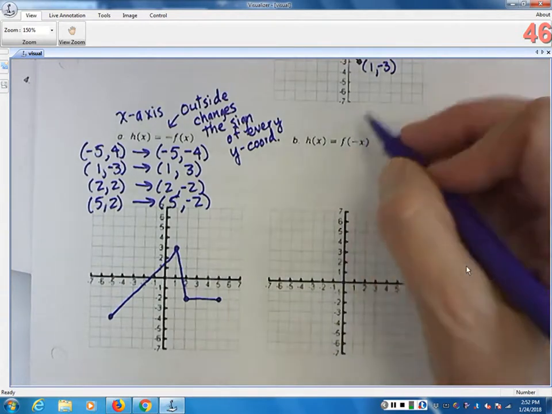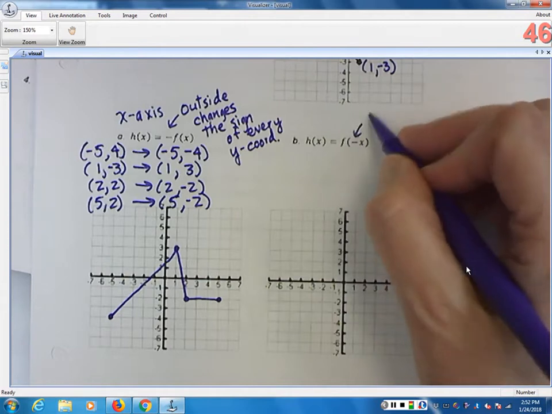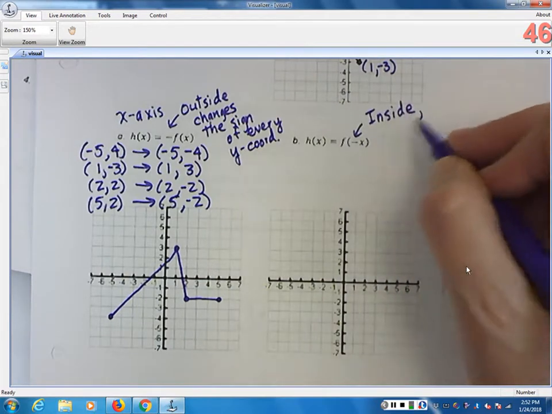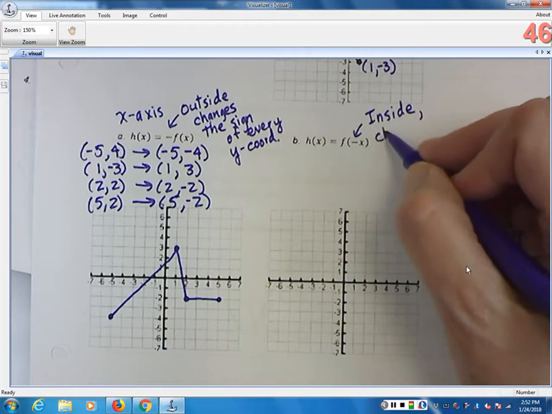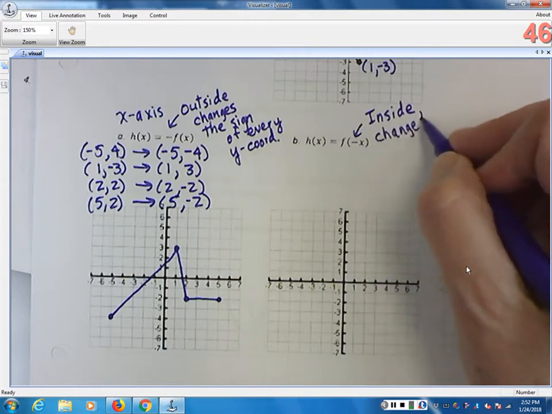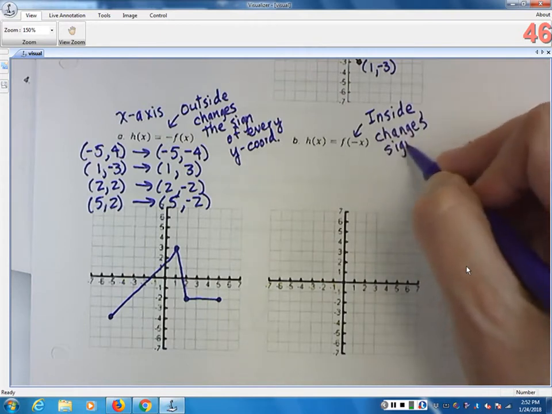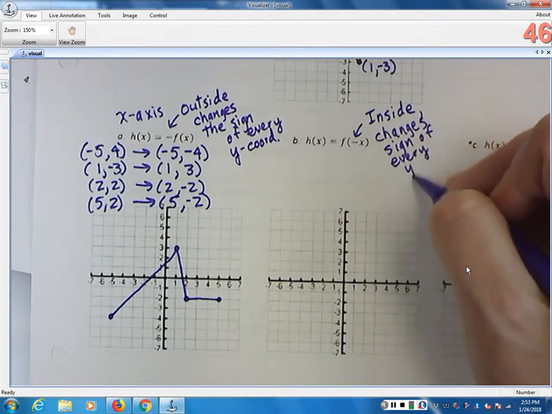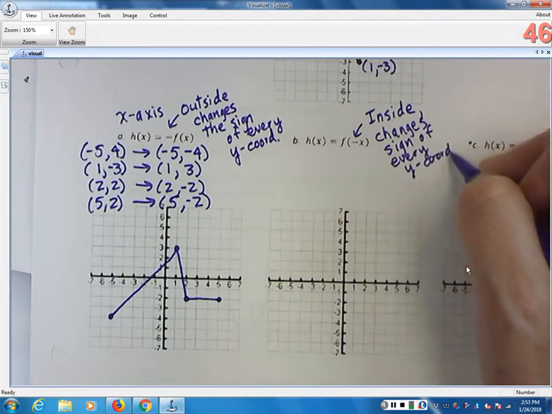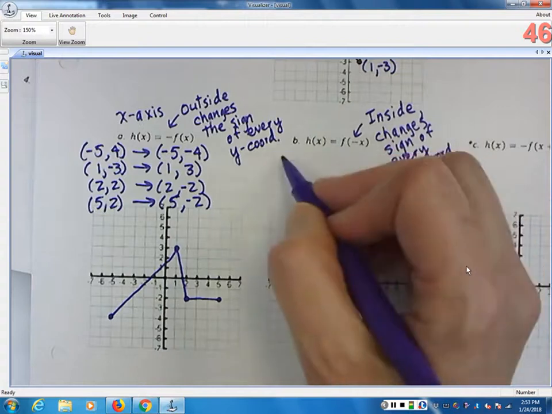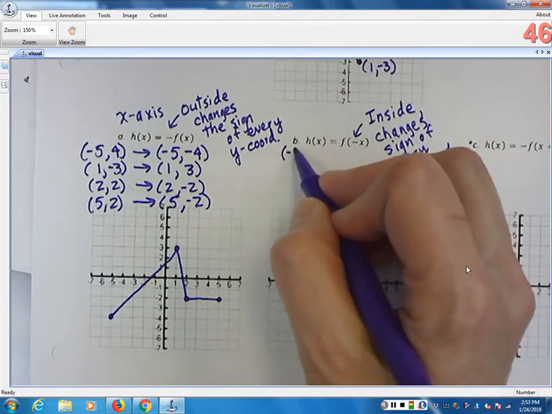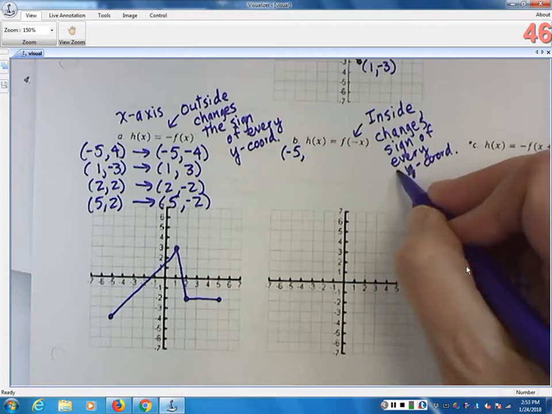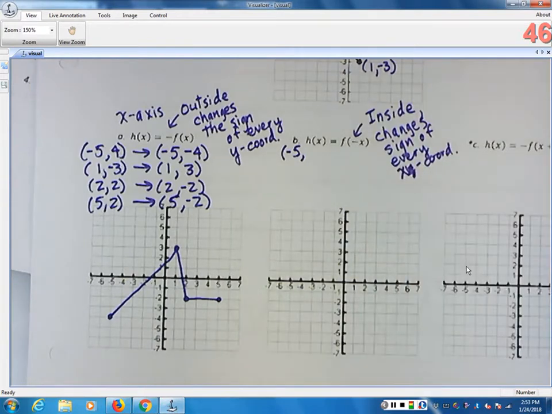This is on the inside. It's a negative sign, so it changes the sign of every x coordinate. So again, we're going to start with the original figure. Oh, I said the wrong thing. Inside it changes x.